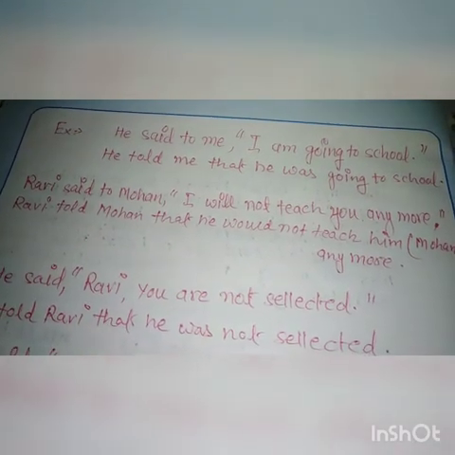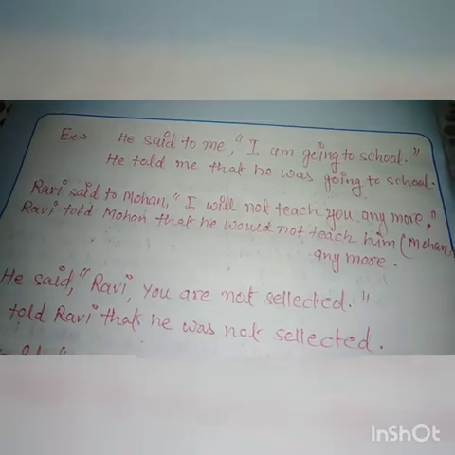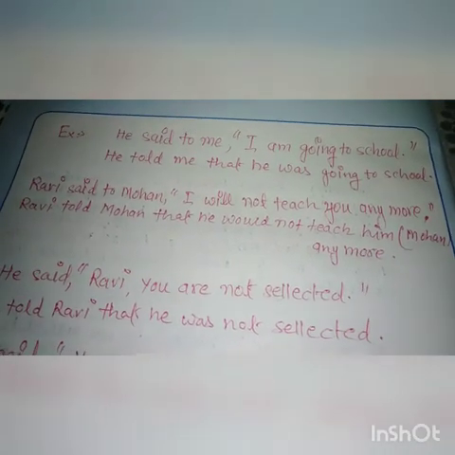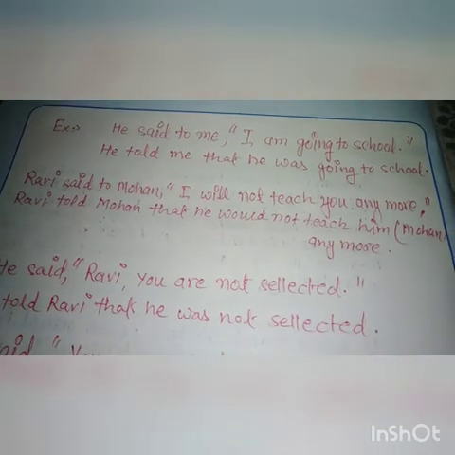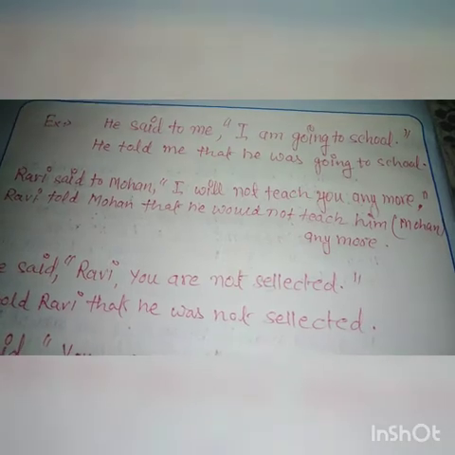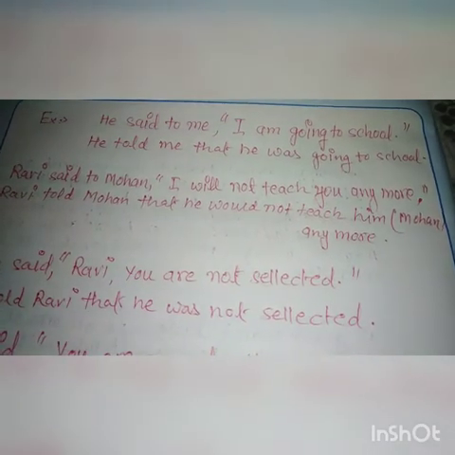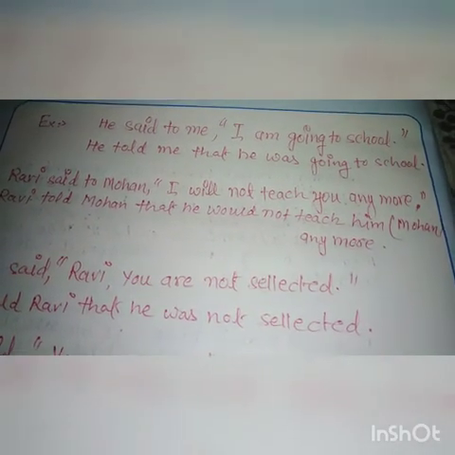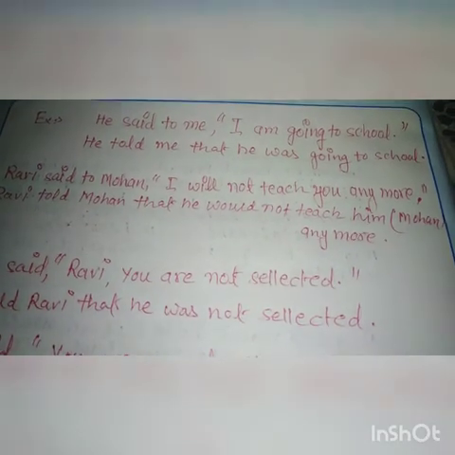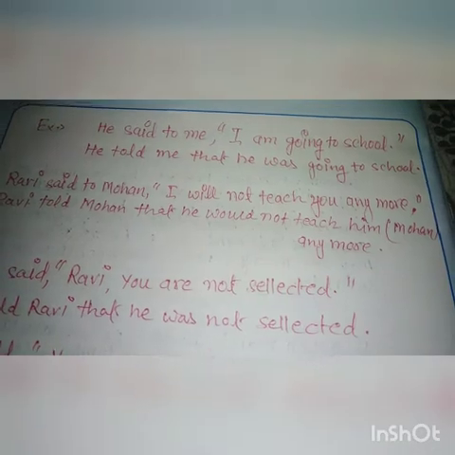To make it clear, you can also write their name with the pronoun, just like I have written here. Ravi told Mohan that he would not teach him. In bracket you can see I have written Mohan. To whom would he not teach? Mohan anymore. So Ravi told Mohan that he would not teach him anymore.